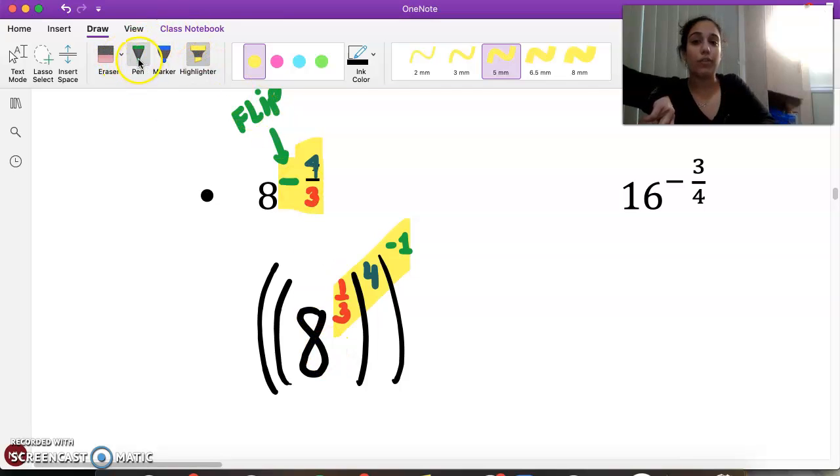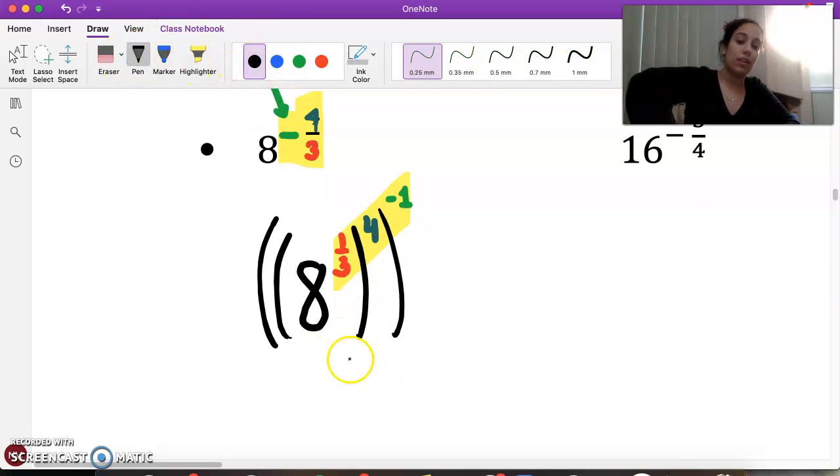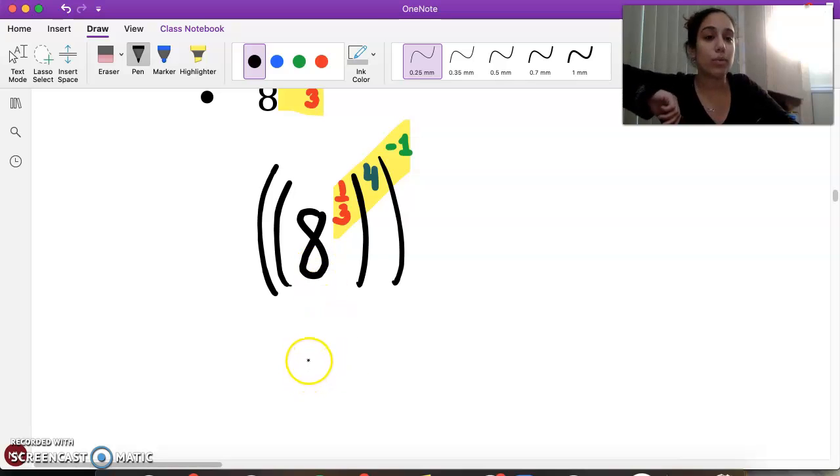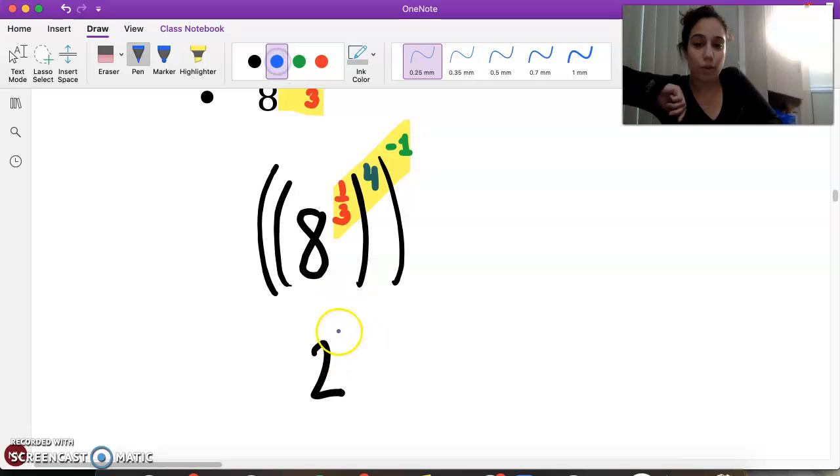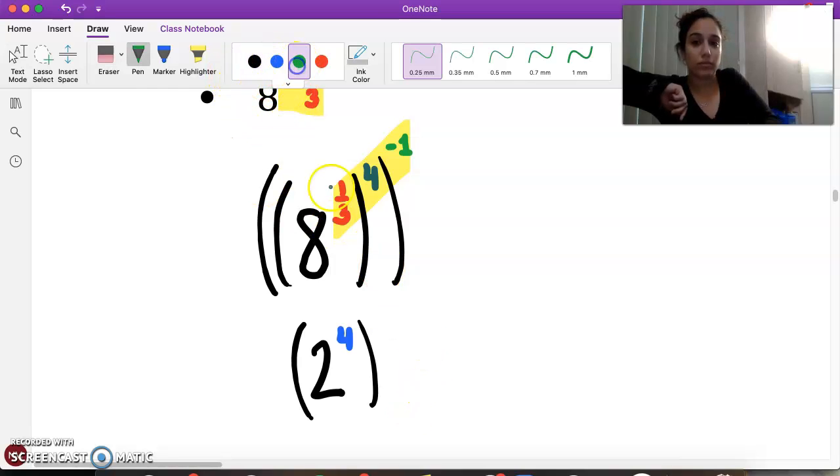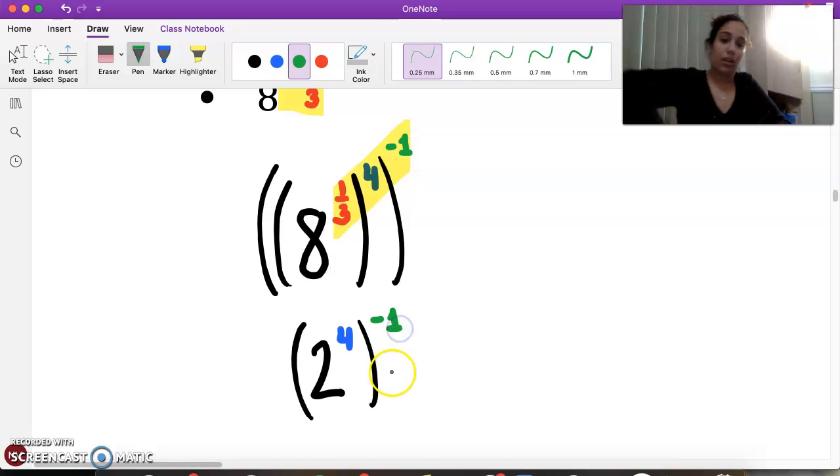And then you work from the inside out. So you have the cube root of 8. What is the cube root of 8? Cube root of 8 is 2. Then we have to the 4th power, and then we have to the -1 power. Make sure you bring everything down with you. And then we go down.